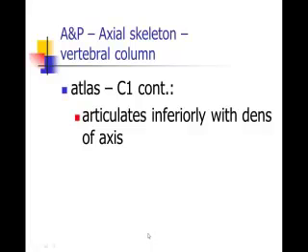Okay, that is a pivot joint and allows for rotation. So when you rotate your head shaking it back and forth, your axis, your atlas and your skull move as one piece, rotating around the dens. When you shake your head yes, the occipital condyles rock back and forth on the atlas like a rocking chair.